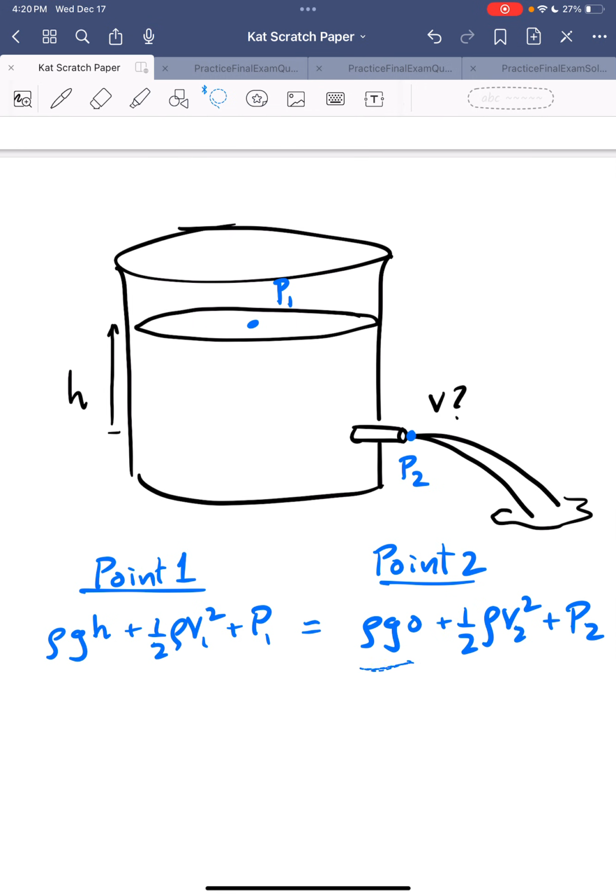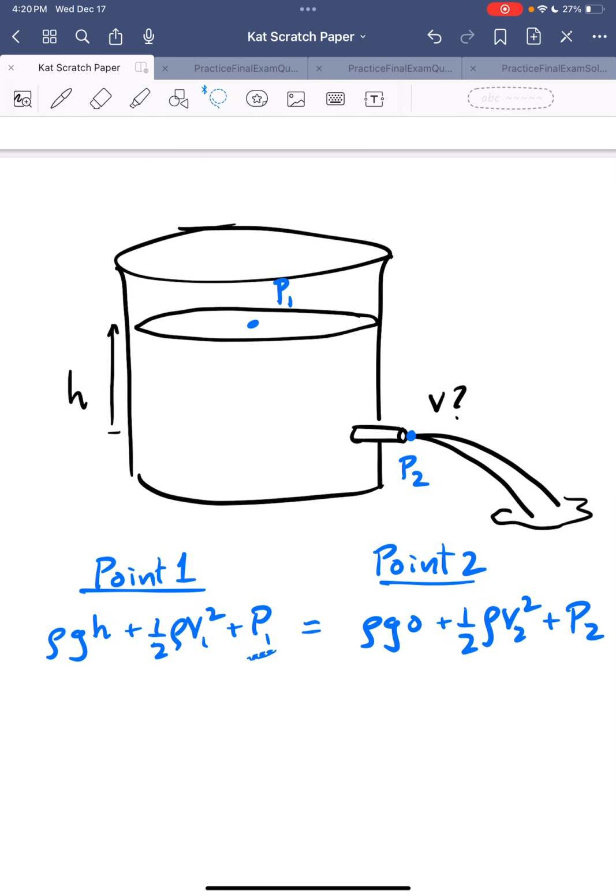It's greater than the gravitational potential energy at point 2. The velocity here at point 1 is going to be close to 0, as we'll find out in a minute, but we just want to write that term down. It's a lot like the kinetic energy term 1/2 mv squared, except with fluids we're dealing with density, not masses. And then up here for point 1, the pressure is just the atmospheric pressure.